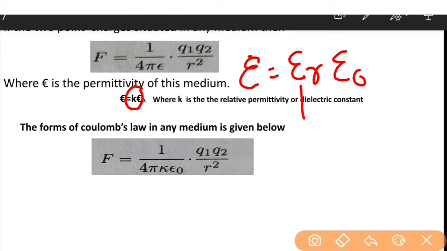The epsilon r is also relative permittivity. Here K and epsilon r have the same meaning. K is the dielectric constant or relative permittivity, and epsilon r is called relative permittivity. These two quantities are the same.